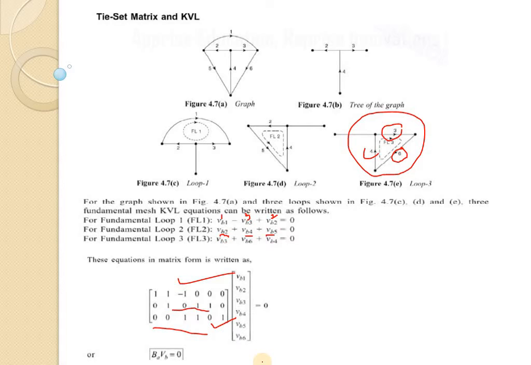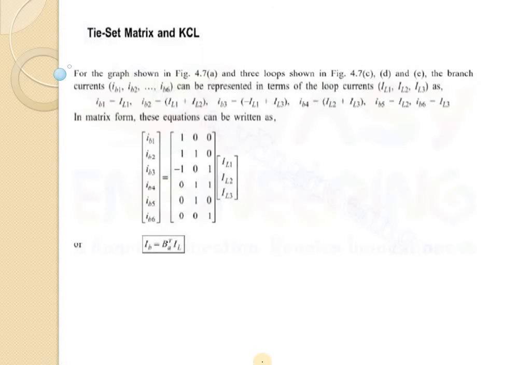That means BA into VB equals 0, and that is the tie-set matrix and KVL relation, the relationship between Kirchhoff's voltage law and the tie-set matrix. In that way, we can write down the KVL equations and form the tie-set matrix.